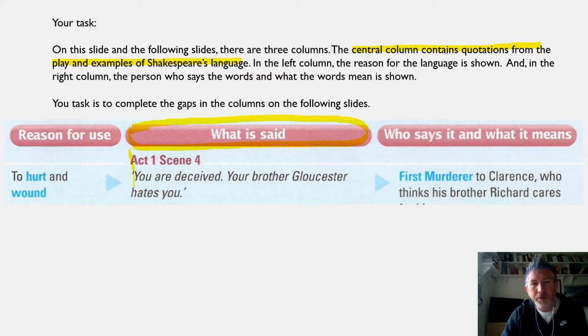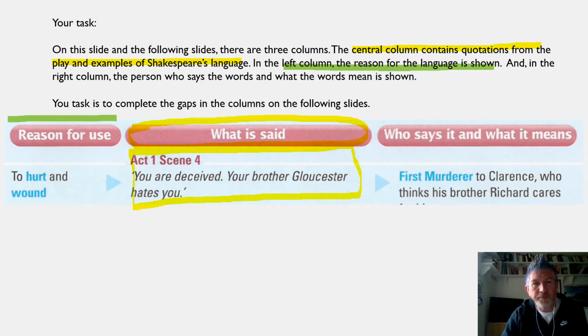Underneath it is the quotation or the example of the language. In the left-hand column, the reason for the language is shown. So here you see it in the green, the reason for use, and here's the purpose, the reason for that language.